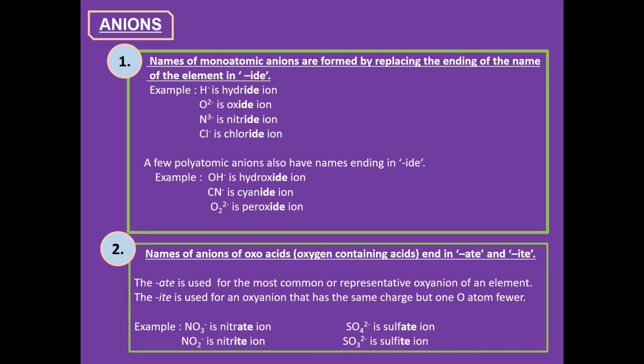For example, NO3- is nitrate ion, and NO2- is nitrite ion. Another example, SO4 2- is sulfate ion, and SO3 2- is sulfite ion.